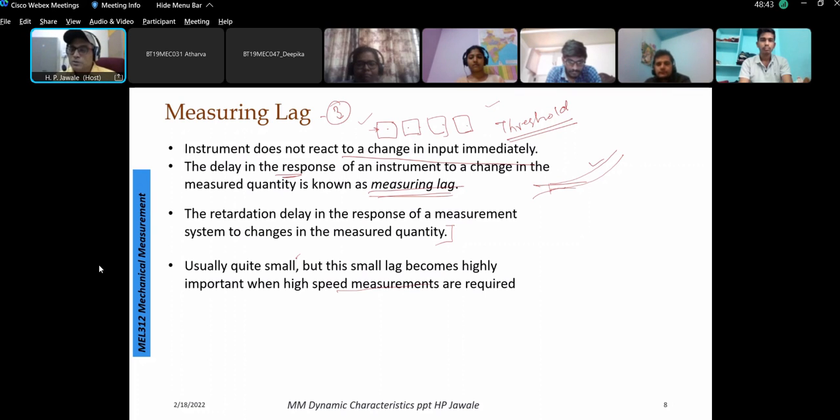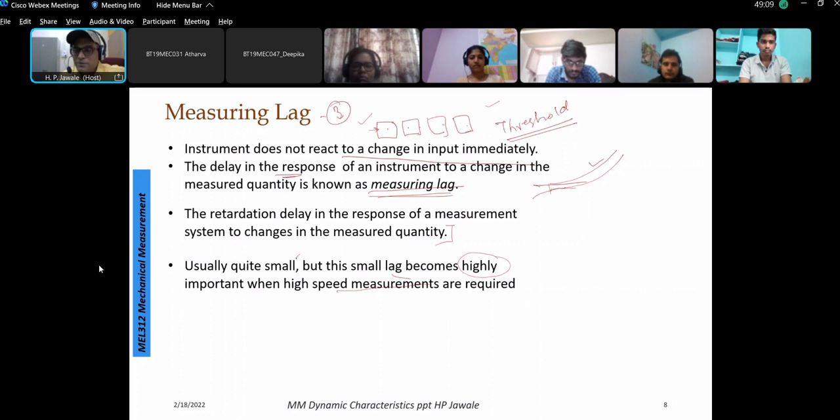So it will be around 2-3 grams more in the particular packaging. So there are various systems in which precise measurement becomes very important. The lag is quite small, but it becomes highly important when high-speed measurements are required, because then it will not correspond to the true status.